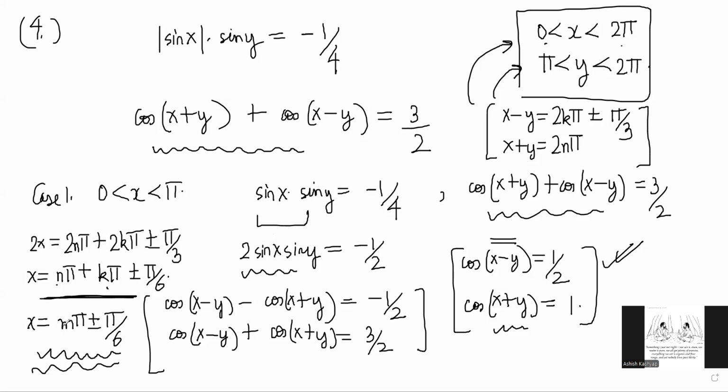So you will put 0 and take the plus sign, you will get pi by 6. You can put 1 and take both the signs. So 5 pi by 6 will come, and pi plus pi by 6 will also come, right? So pi by 6, 5 pi by 6, 7 pi by 6, and 2 pi minus pi by 6, which is 11 pi by 6. There are 4 answers for x, correct?